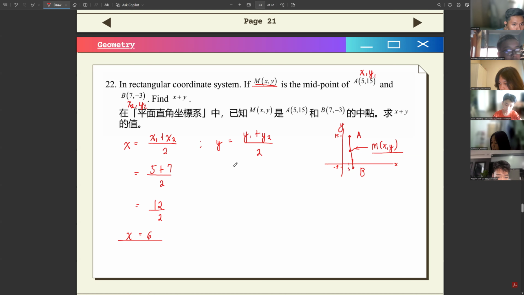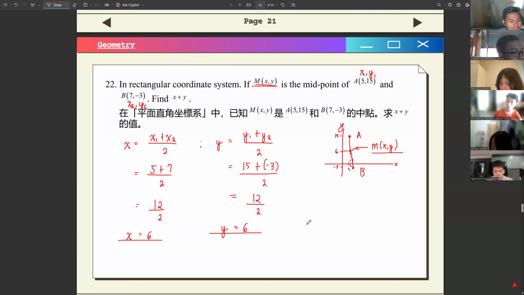How about the y? For y1, we have 15 for A. For B, we have the y coordinate negative 3, all over 2. So this is also 12 over 2 now. So y is also equal to 6. Okay? So it's expected. This is 6, and here, this is also 6.